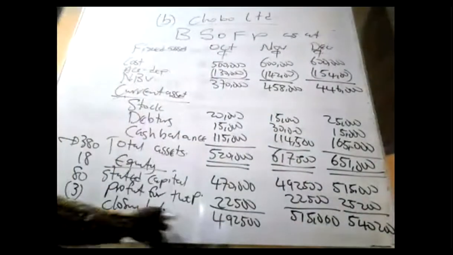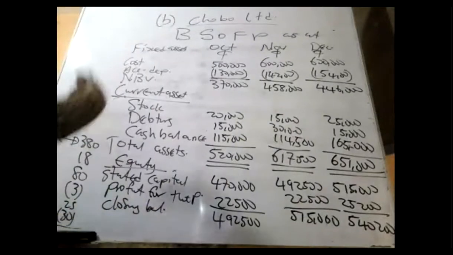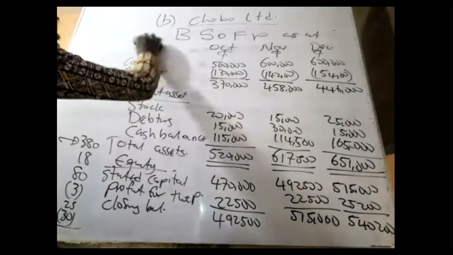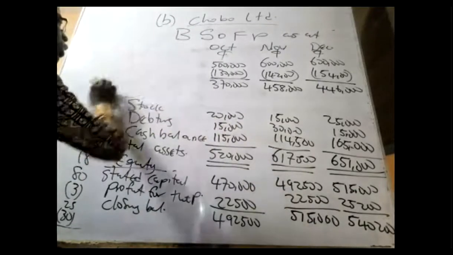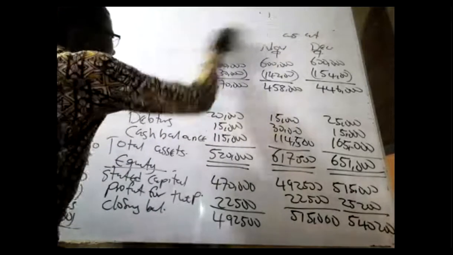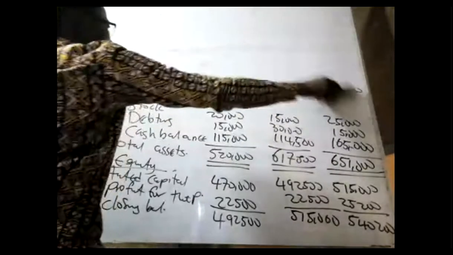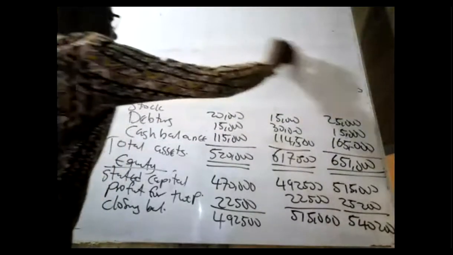Okay, I want to continue from here, but there's no space. Let me clean the top. I'll clean just the top here and start from there. Right from this, we just pick the next question on flexible budgets.